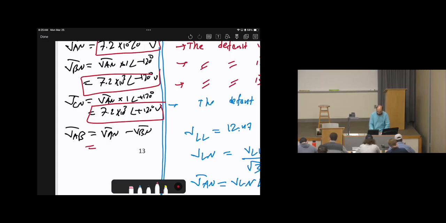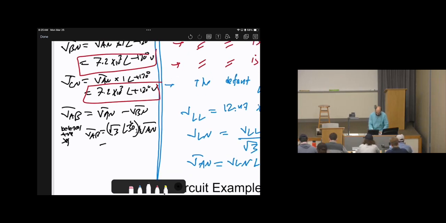Or, since it is balanced and positive sequence, you can say VAB equals square root 3 angle positive 30 degrees times VAN. As a result, it will be root 3 times 7.2, which is 12.47 times 10 to the power 3, angle 0 plus 30, which is 30 degrees volts. So this is VAB.